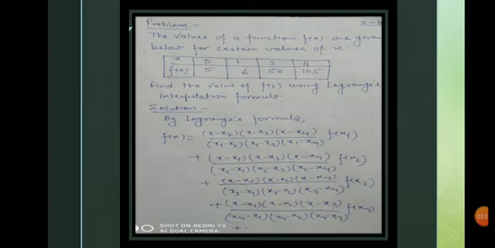Look at here, the terms 0, 1 and then the interval changes to 3 and 4. That's why it is called unequal interval. The function f(x) is 5, 6, 50, 105, and you have to find the value of f(2) by using Lagrange's interpolation formula.